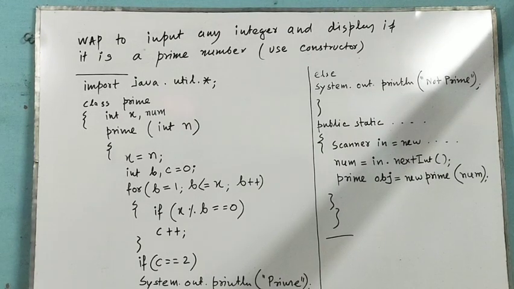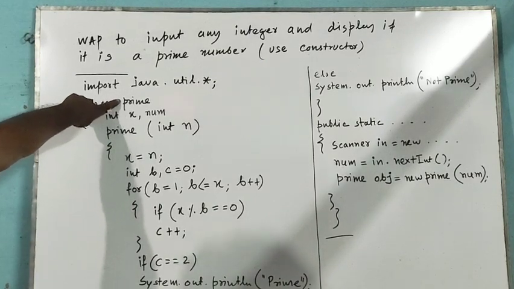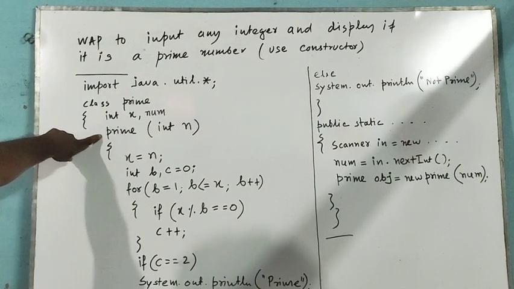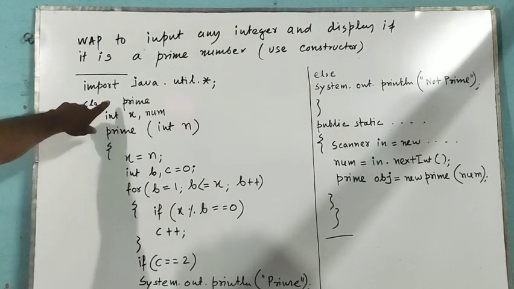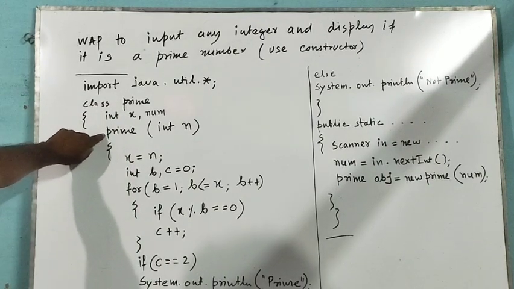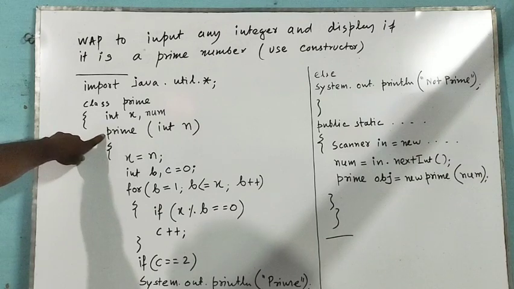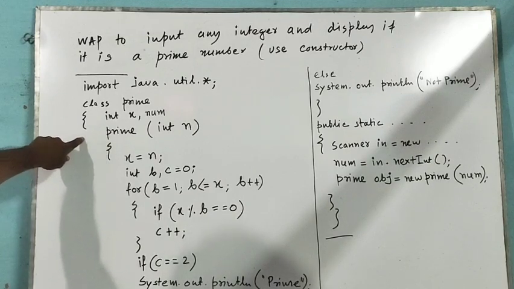Now from this what we have learned, name of the class and name of the constructor will be always same. Here name of the class is prime, and that is why name of the constructor is also prime. Constructor will not have any return type.